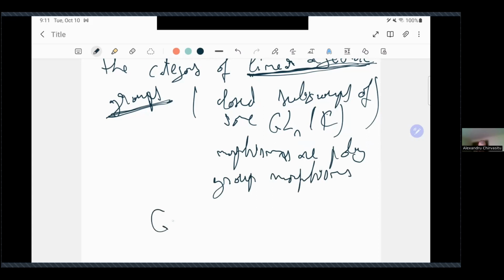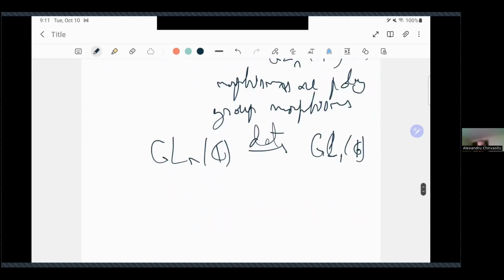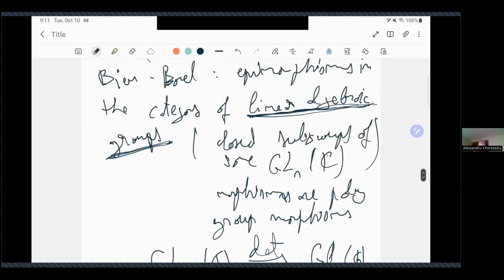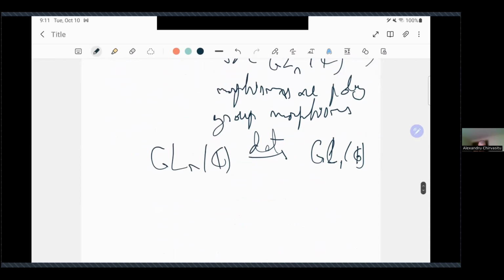The determinant goes from GLN of C to C cross, which is GL1 of C. This is the determinant. This would be an example. So they were looking to characterize epimorphisms in this category of linear algebraic groups.